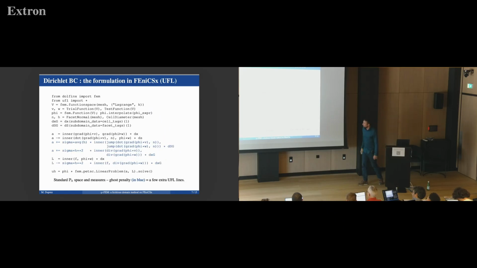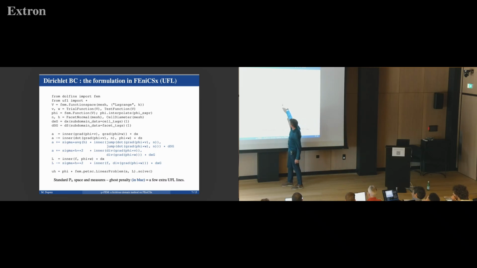Okay, and we can implement it, for instance, in FEniCS. Here we recover the level set function, and we need to define a measure with a tag of the cells near the boundary and the facets of the cells near the boundary.